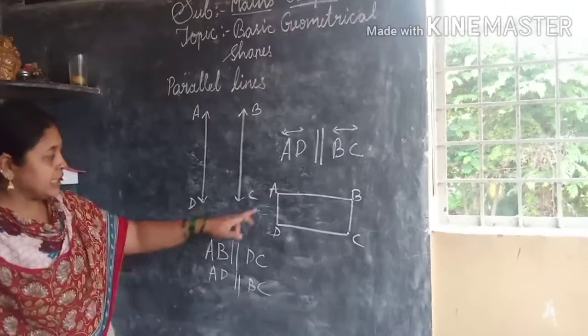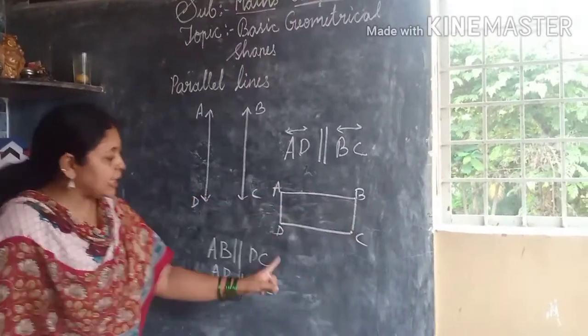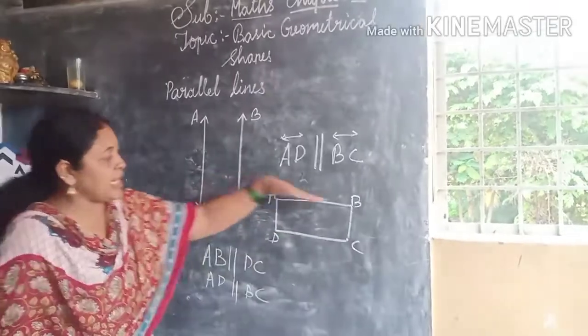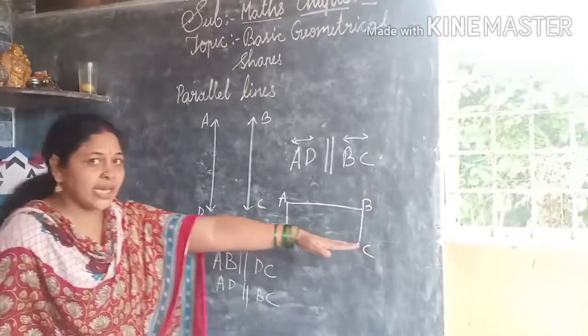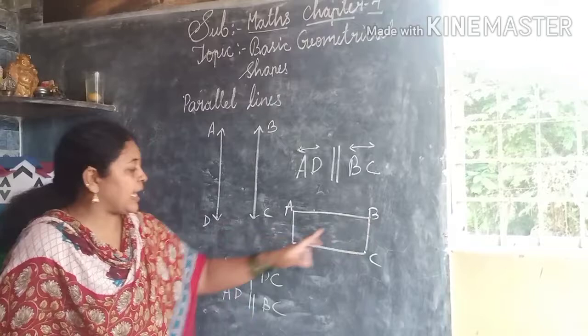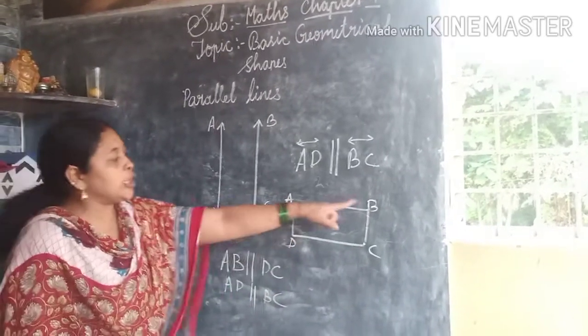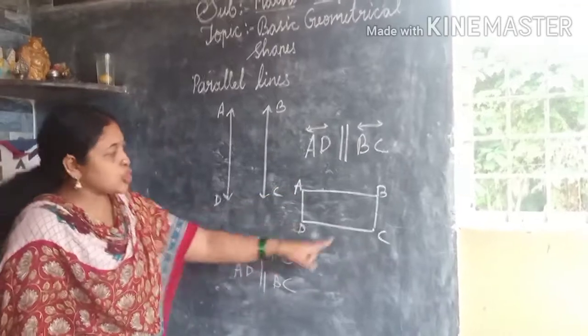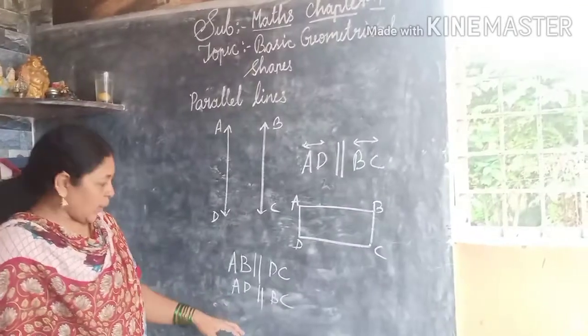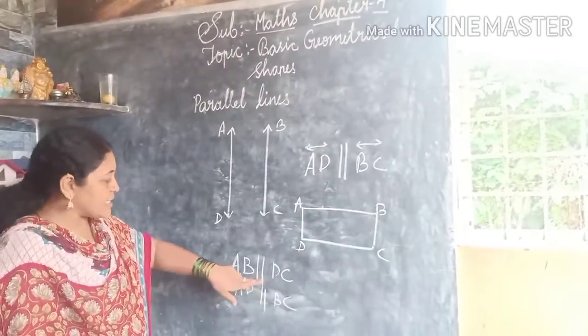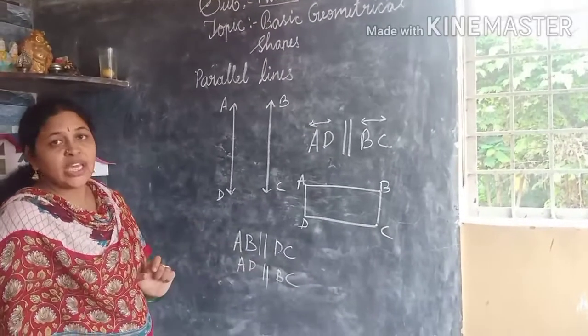Are we clear? AB is parallel to DC because they are horizontal lines. AB is parallel to DC, whereas AD is parallel to BC. That means these two are parallel. Are we clear? And this symbol indicates they are parallel to each other.